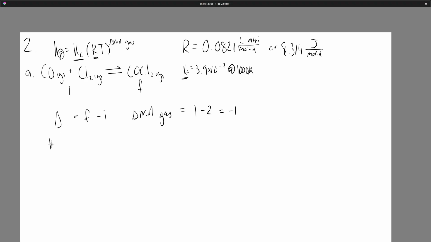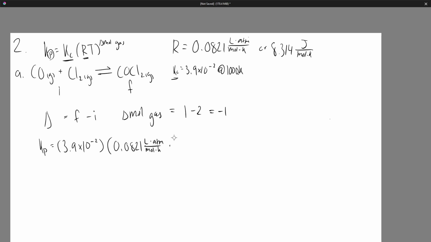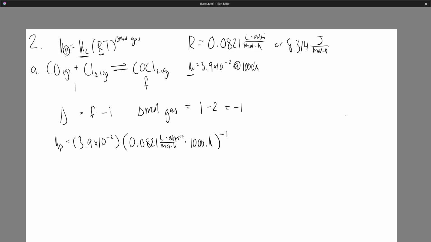So let's go ahead and solve it. Kp equals Kc, which is 3.9 times 10 to the -2, times R, 0.0821 liters times atmospheres over moles times Kelvin, times our temperature, which is 1000 degrees Kelvin, all to the -1.